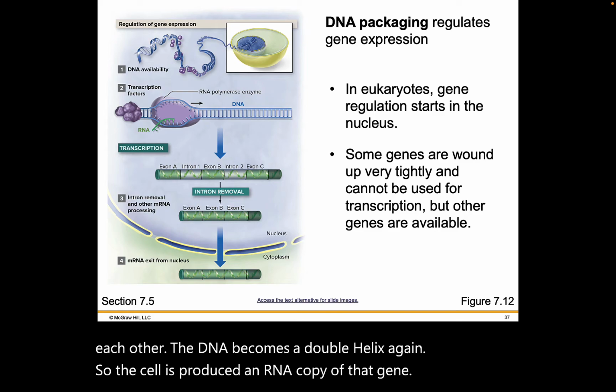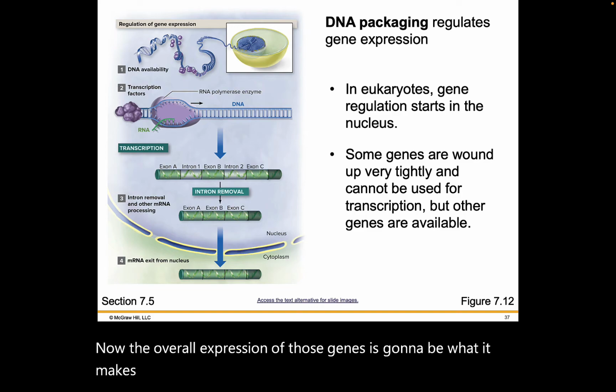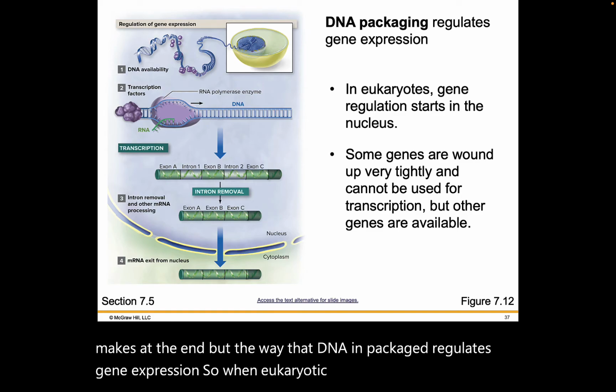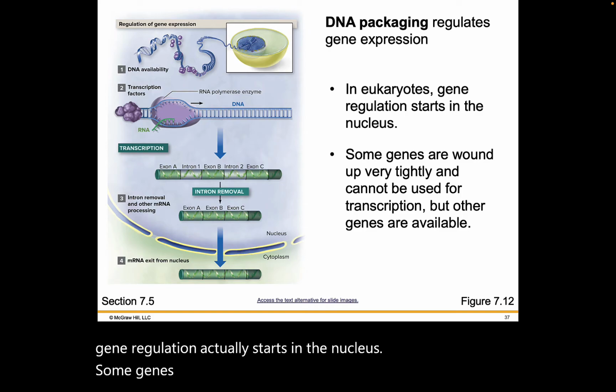Now, the overall expression of those genes is going to be what it makes at the end. But the way that DNA is packaged regulates gene expression. So in eukaryotic cells, our cells for instance, gene regulation actually starts in the nucleus. Some genes are wound up so tight they can't be transcribed, but other genes are available.